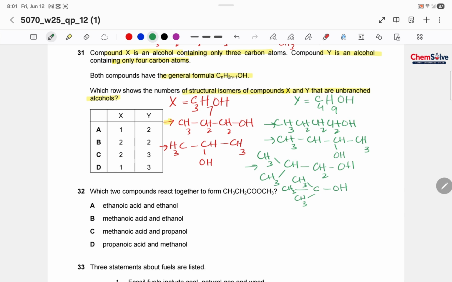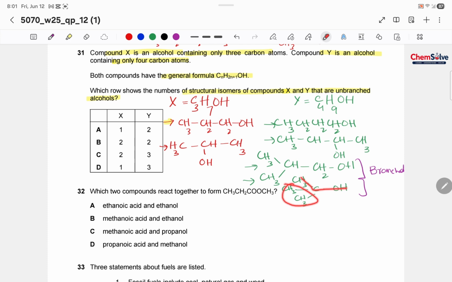Now you can see that these 2 alcohols, these are branched. Can you see like this? So this carbon is in branch again like this.